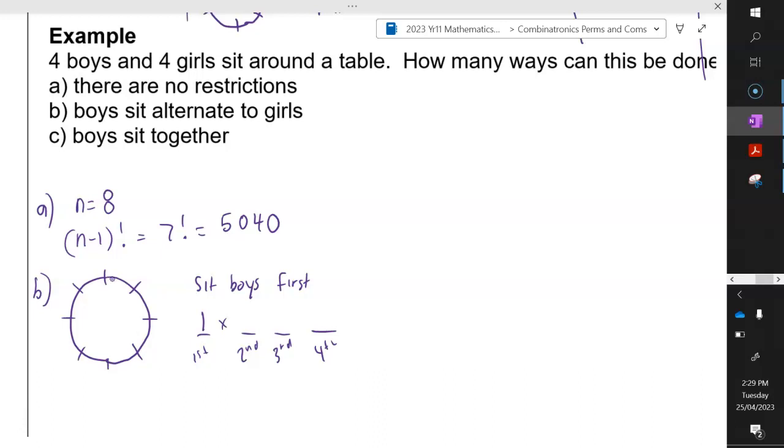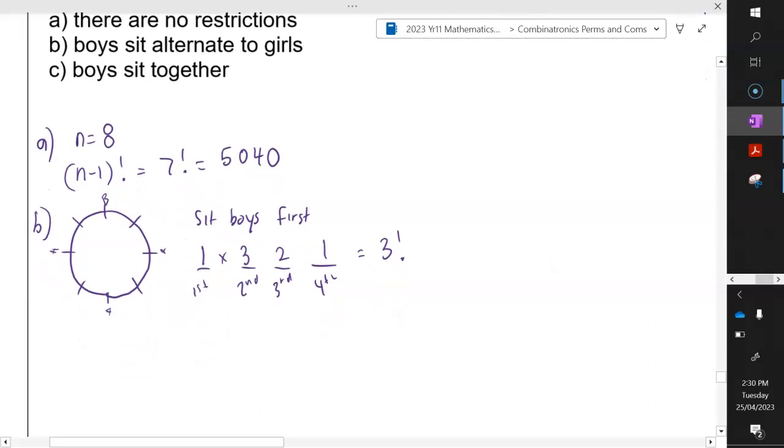The second boy, and let's just say he sat up there, can either sit here, here, or here, because we're looking at alternate ways. So we're going to assume that those other chairs in there don't exist. So that second boy can sit in n minus 1 factorial ways. So the second boy's got 3 ways to choose. Then we've got 2 and then we've got 1. So we've basically got 3 factorial ways that the boys can sit.